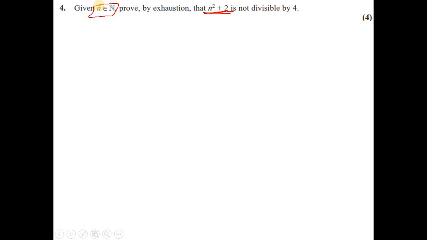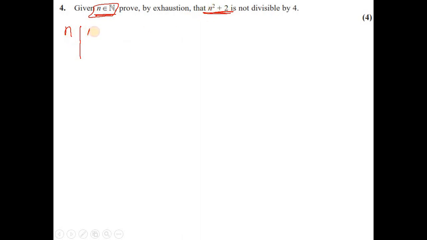So I will be doing two techniques here. One is the straightforward one. We just choose some numbers and put these numbers in the given condition to prove our conjecture. So most of the time for an easy question, we make a column for n, because these are the numbers that we are going to choose from the given interval, and then we need to find n squared plus 2.